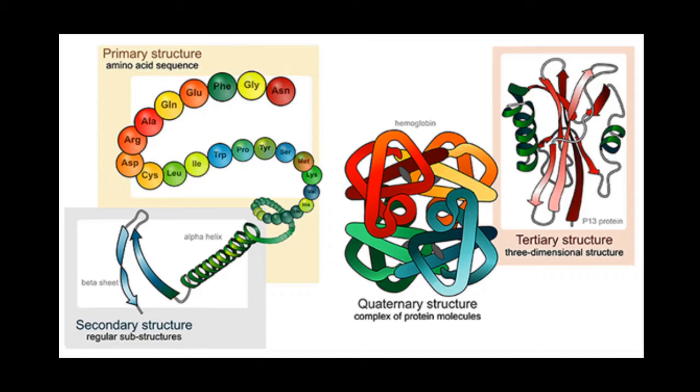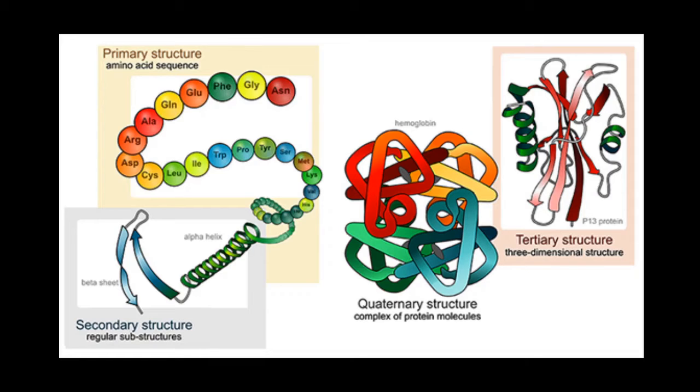The first level, referred to as the primary structure, basically refers to the sequence of amino acids from N terminus to C terminus linked via peptide bonds. This is a result of mRNA translation carried out by ribosomes.